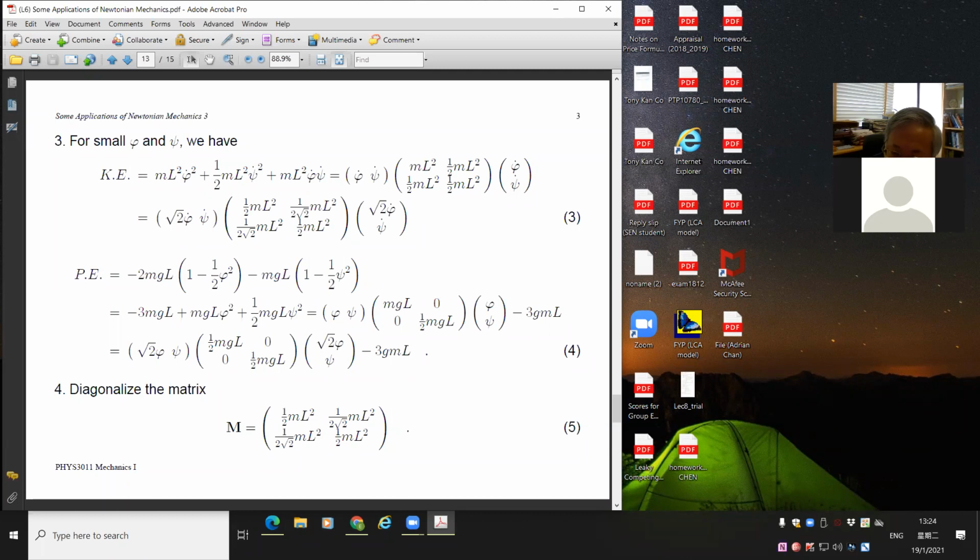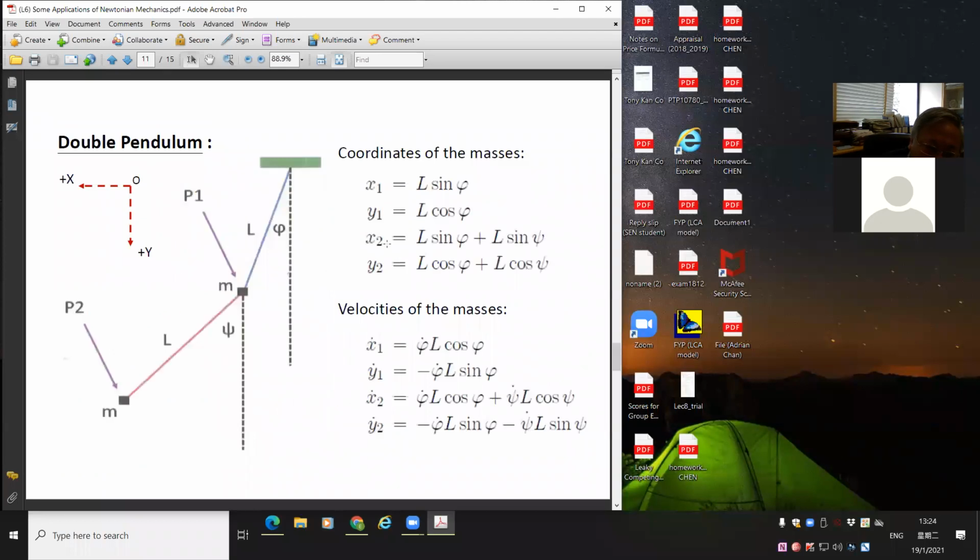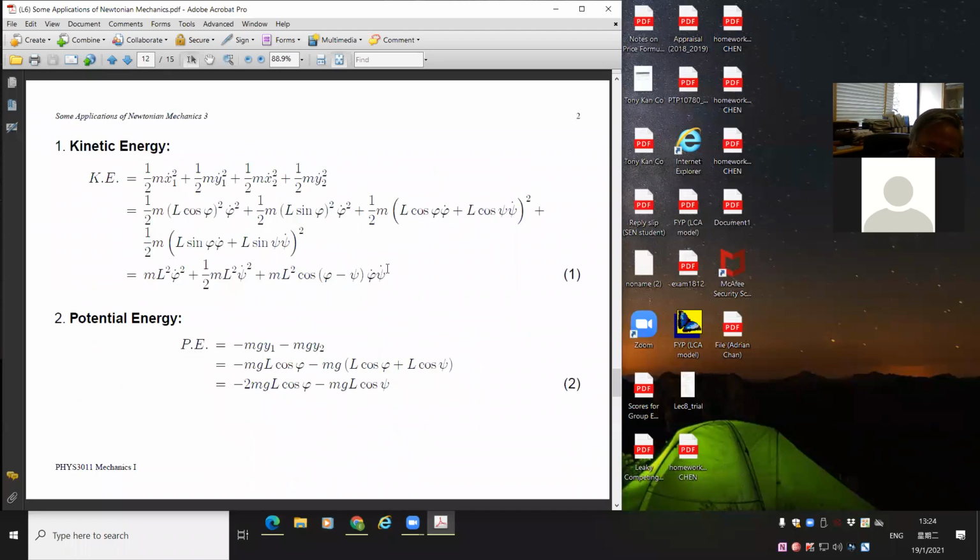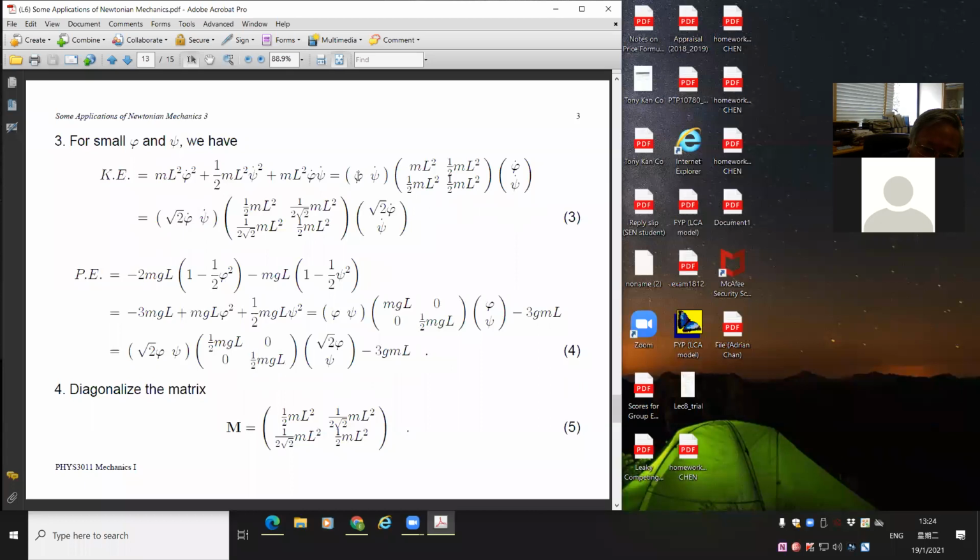I think your question is not like this. You are saying in this problem, double pendulum, how can I know using this will destroy the diagonal form of the potential energy? Of course, you have to practice.